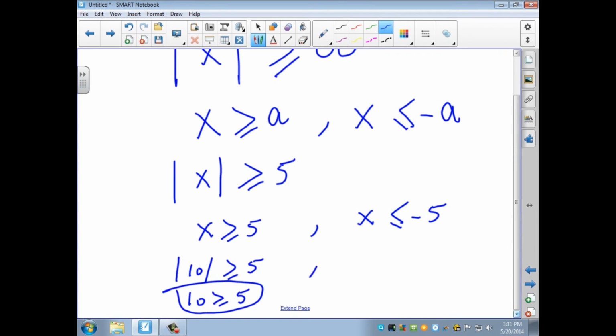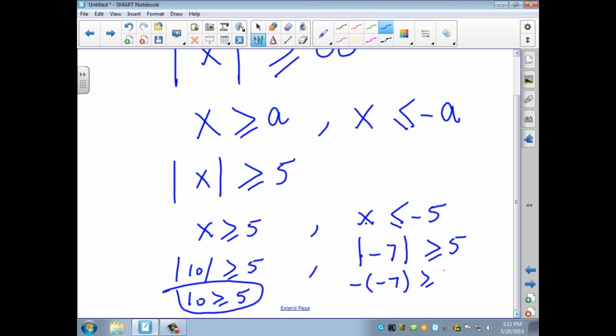On the other side, if x is less than or equal to minus 5, so the absolute value of something less than minus 5, minus 7, right? Absolute value of minus 7, is that greater than or equal to 5? The absolute value of minus 7 is 7.